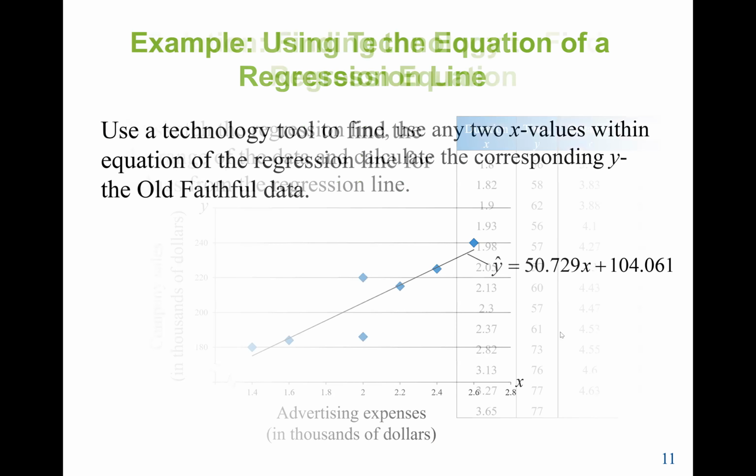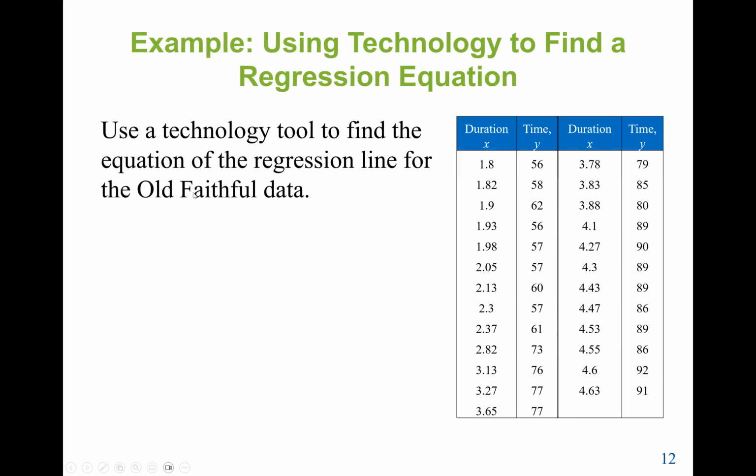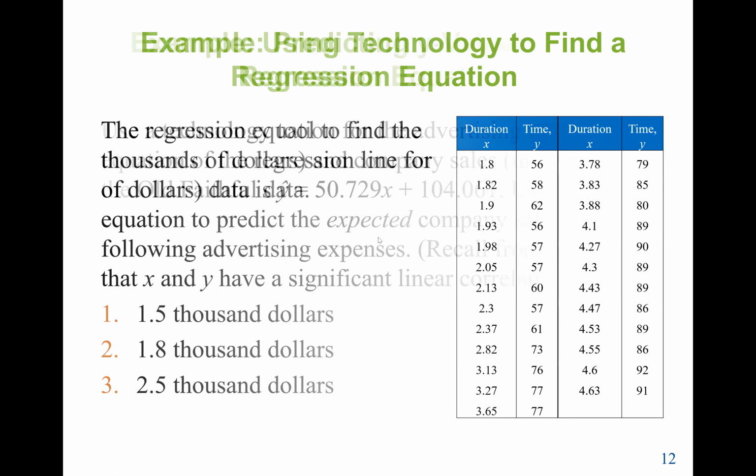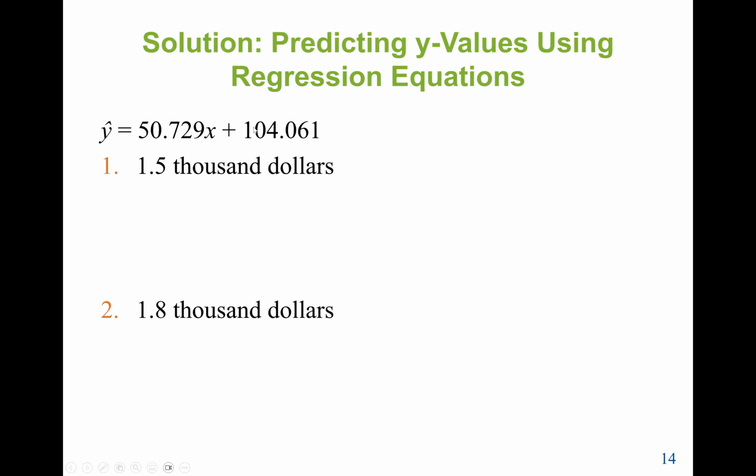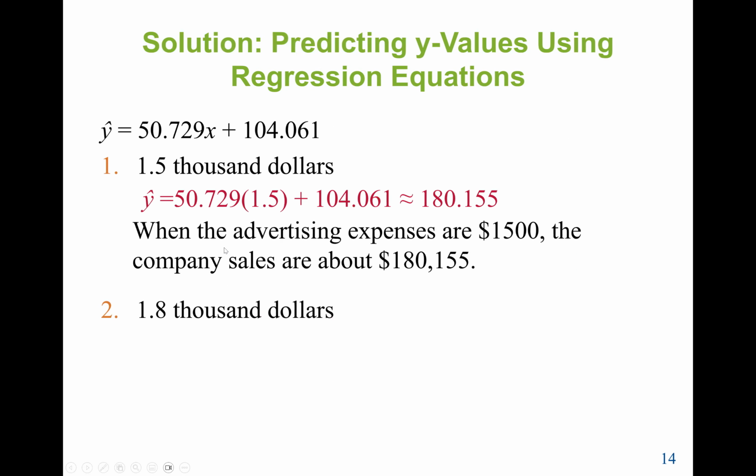In our next example, we can also use technology, such as Excel, to find the equation of the regression line. Here we want to predict the y value if x is 1.5, 1.8, and 2.5. First, when x is 1.5, this is what we get: 180.155.